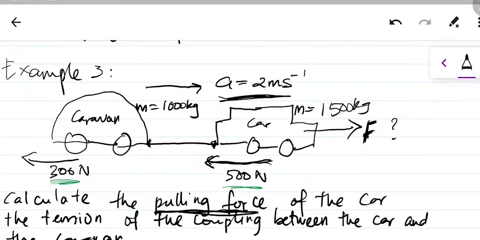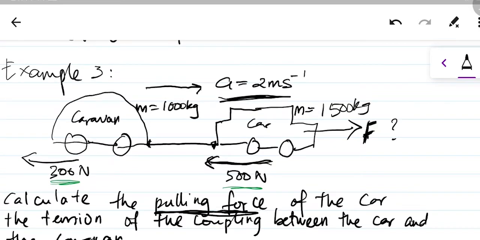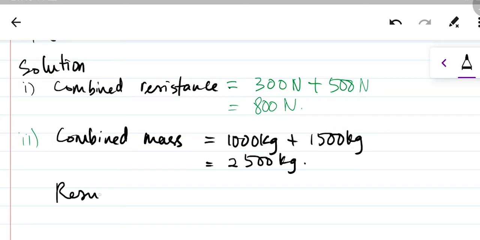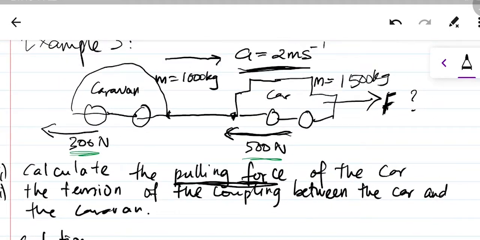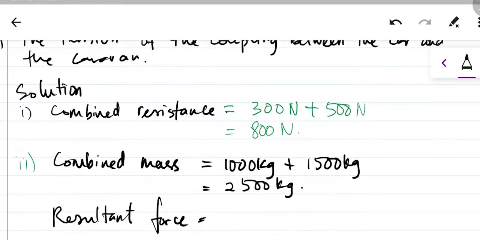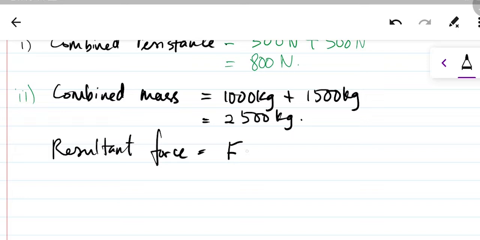Because these two things are moving together, we need to find the resultant force. The resultant force is this F, the one we have yet to determine, minus these two resistances. So the resultant force equals F minus 800 Newton.